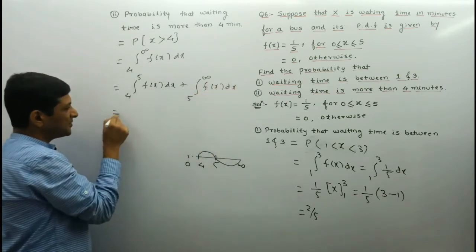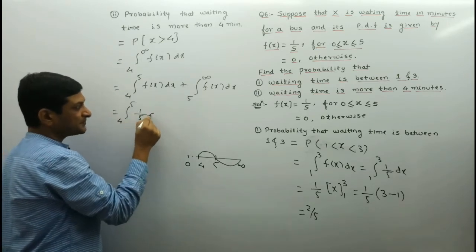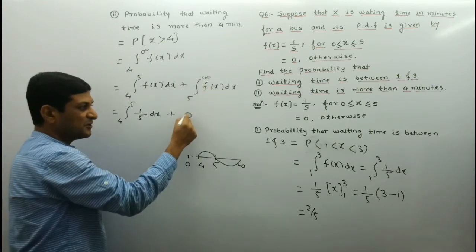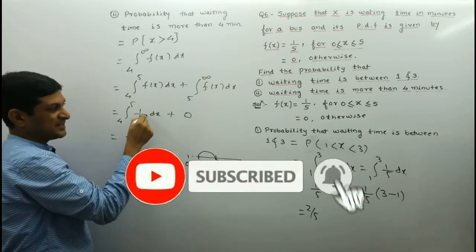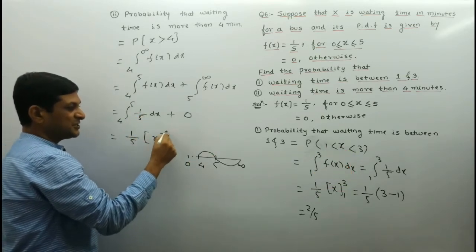In the first part the value of f of x is 1 by 5, and in the second part the value of f of x is 0, so integration of 0 will be equal to 0.